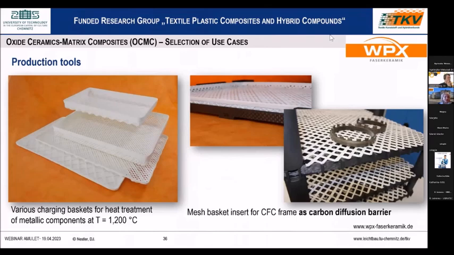Some production tools, various charging baskets for heat treatment of metallic components at temperatures up to 1200 degrees. There is no shrinkage and a very long life, and also a hybrid tool with a mesh basket of OCMCs with an insert, you see this, of a CFC, a carbon black ceramic frame, as a carbon diffusion barrier, the OCMCs work there.